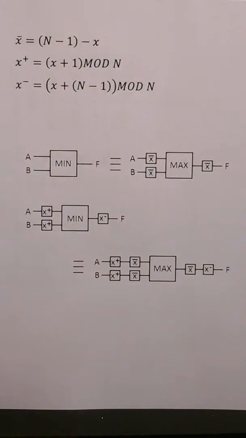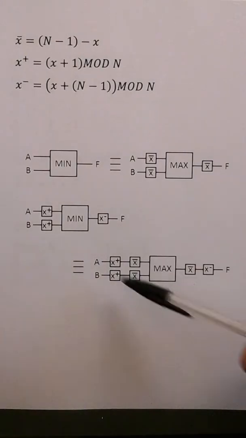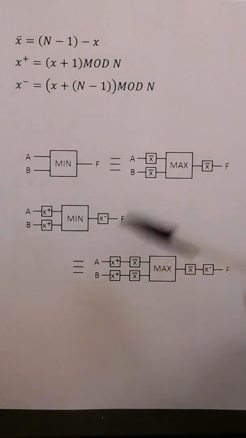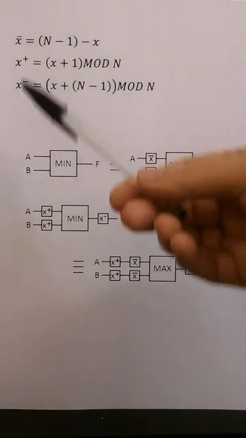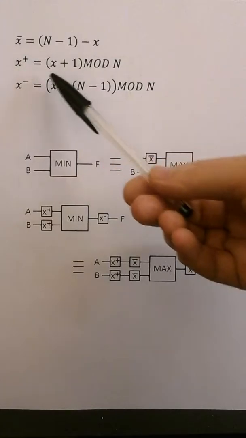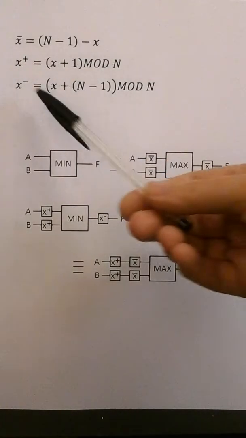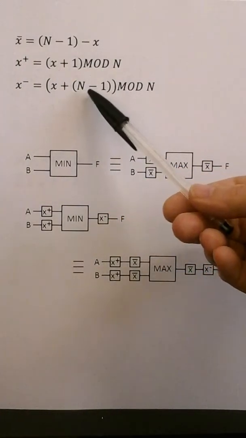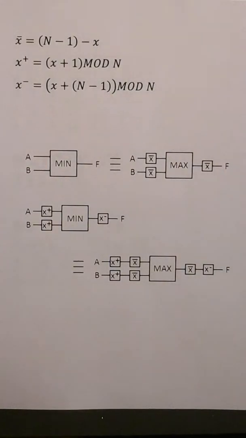So here we have an example of DeMorgan's theorem drawn in circuit diagram form. So I have not x equals n minus 1 minus x, x plus is x plus 1 modulo n, and x minus is x plus n minus 1 modulo n.